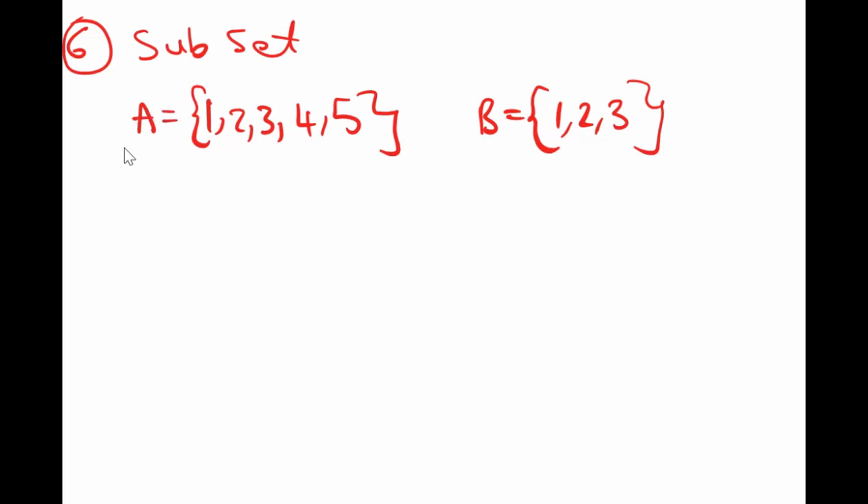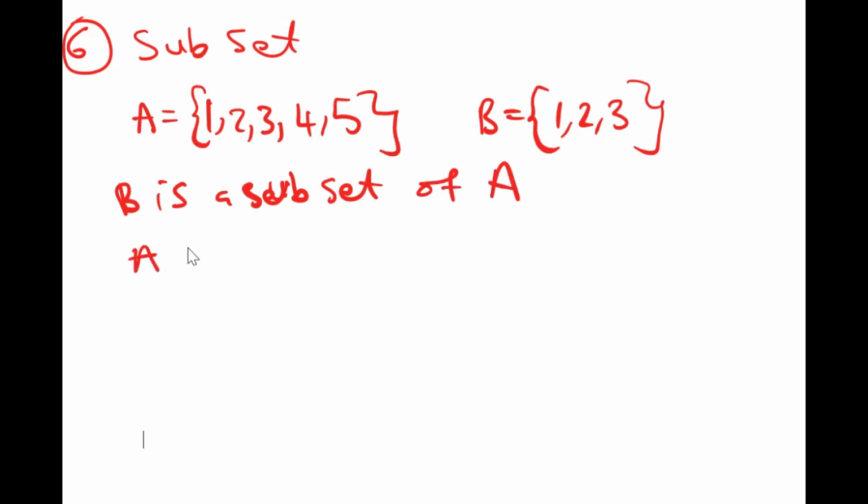It's clear that A contains all the elements in B. Then we can say that B is a subset of A, and A is a superset of B. Superset in the sense that it is housing all the elements in B.